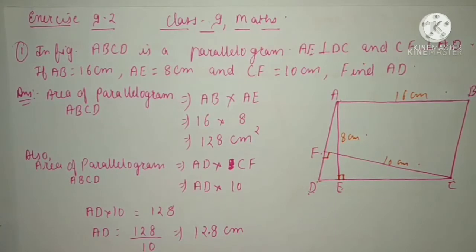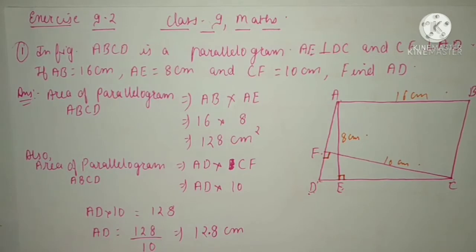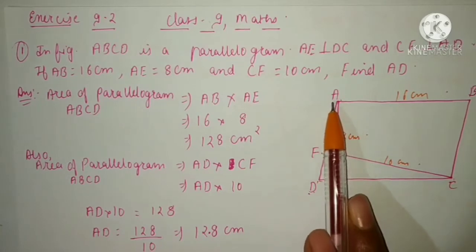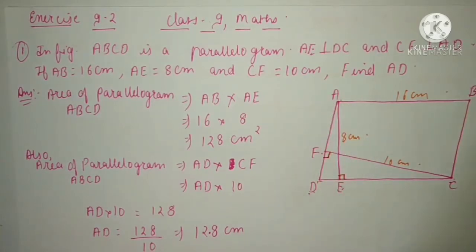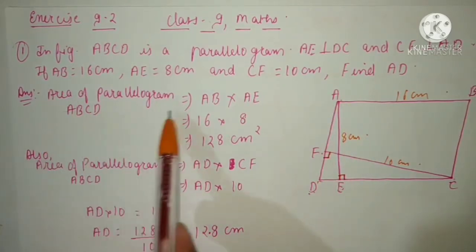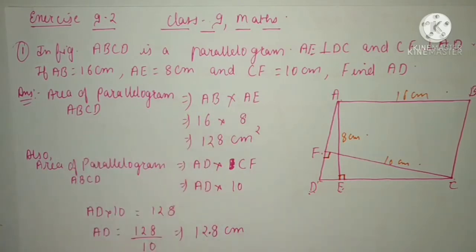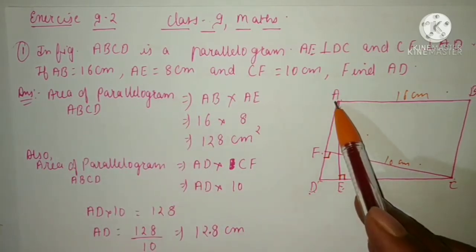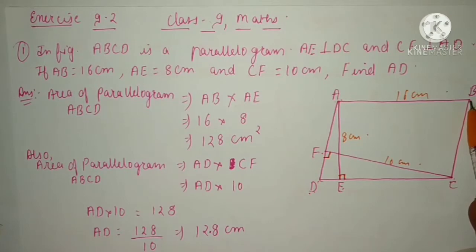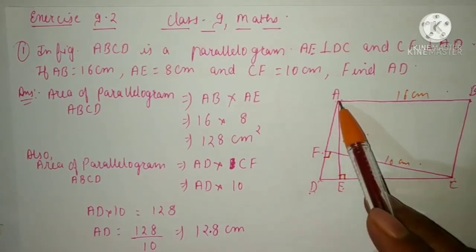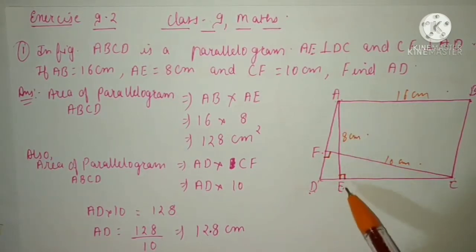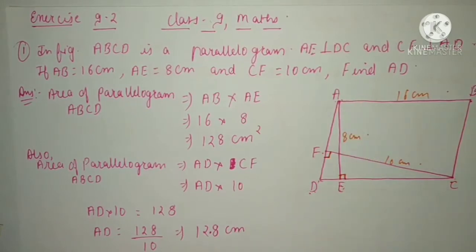Okay. Now every one of us knows that area of a parallelogram is base into height. Okay. So suppose this is a parallelogram ABCD. In this, area of parallelogram ABCD will be equal to, if we are considering this AB as base, then height will be AE. Okay, because AE is perpendicular.